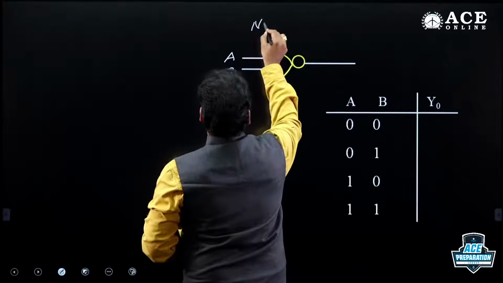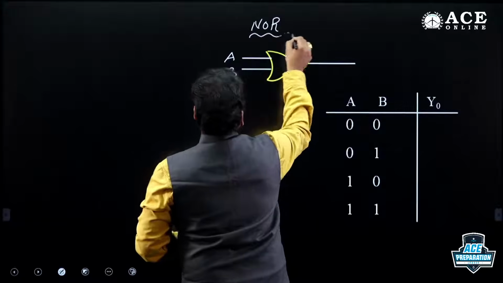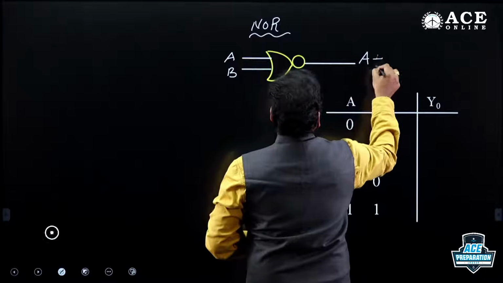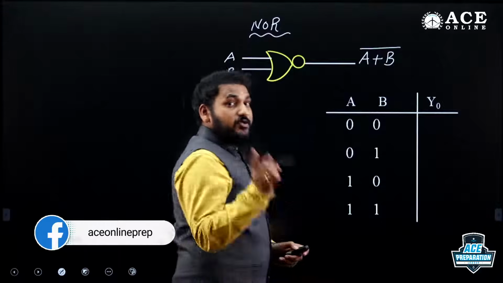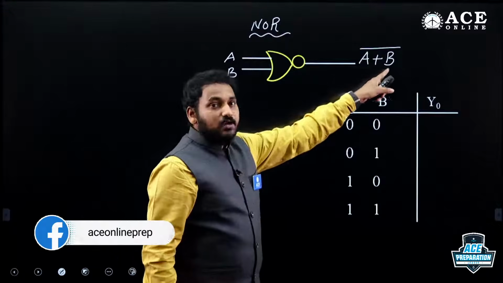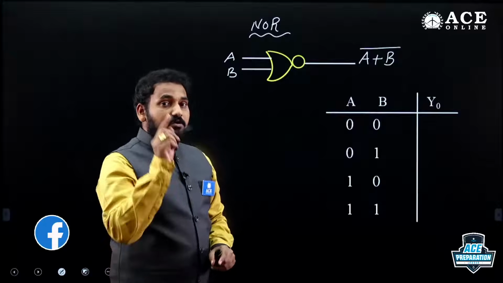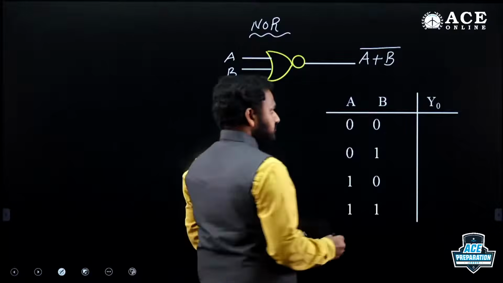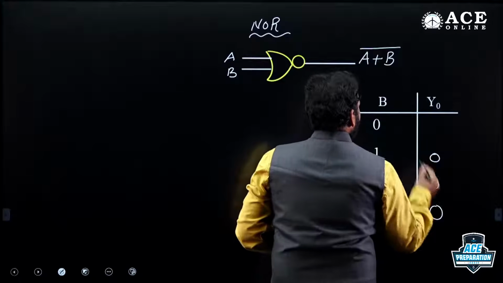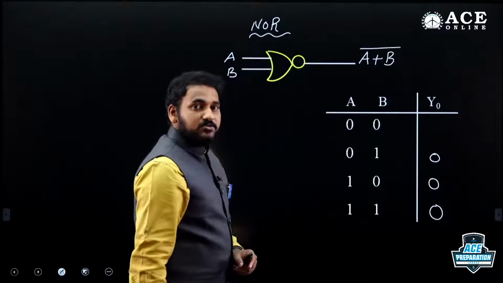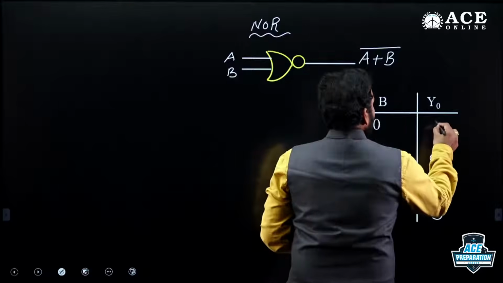NOR gate: OR operation along with its complement. If any of the input is 1, 1 plus anything is 1 and its complement is 0. So if any of the input is 1, output will be 0. But if both the inputs are zeros, 0 plus 0 is 0, its complement is 1.